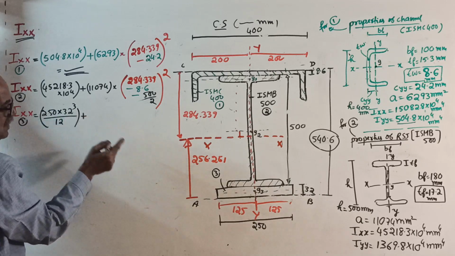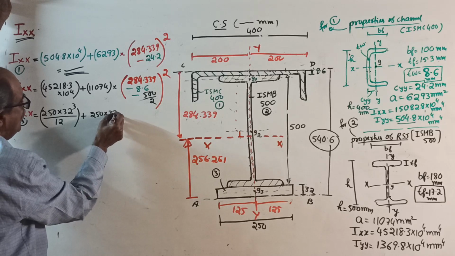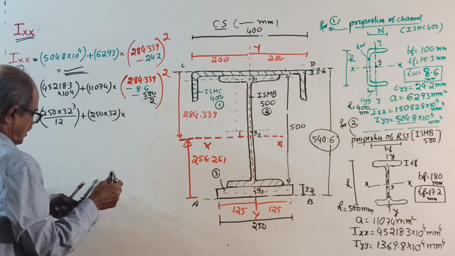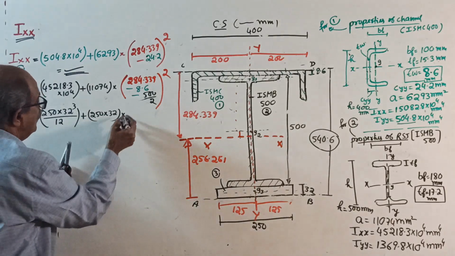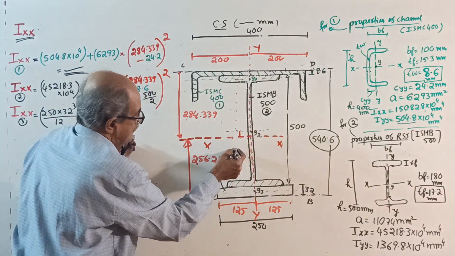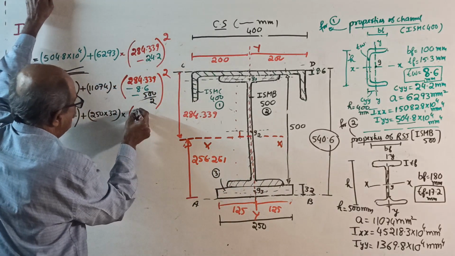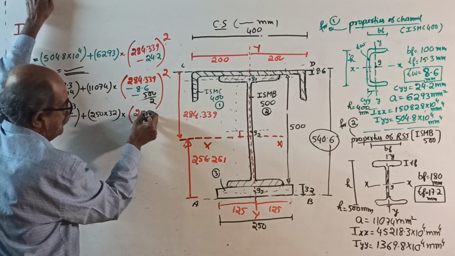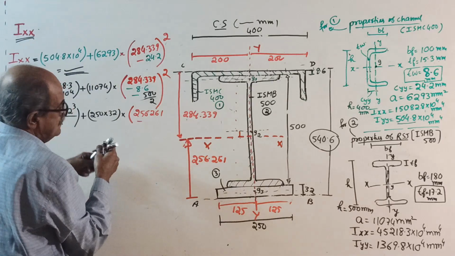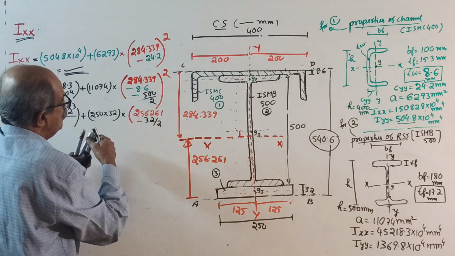Plus area, 250 into 32 is the area, into from centroid G3 to the x-axis, this distance is 256.261 minus 32 by 2, 32 by 2 whole square.